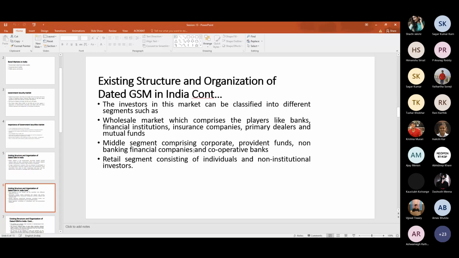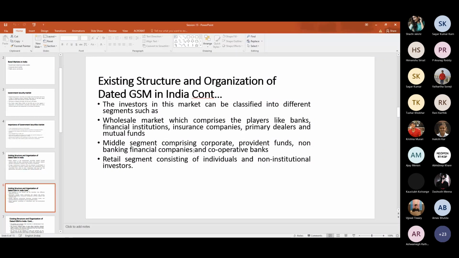If you divide this market into different segments, we can have a wholesale market, which generally comprises players like banks, financial institutions, insurance companies, primary dealers, etc. And we have a middle segment, which basically comprises corporates, provident funds, NBFCs, non-banking financial companies, and cooperative banks.